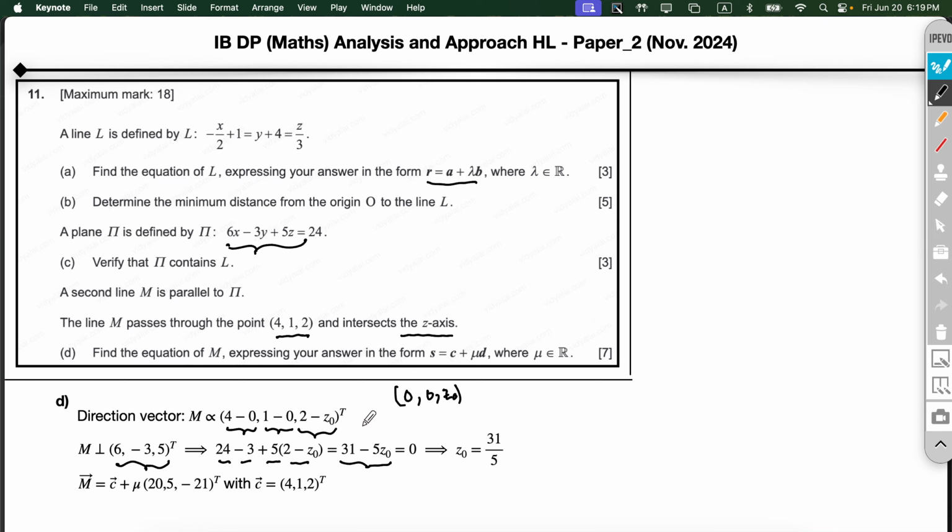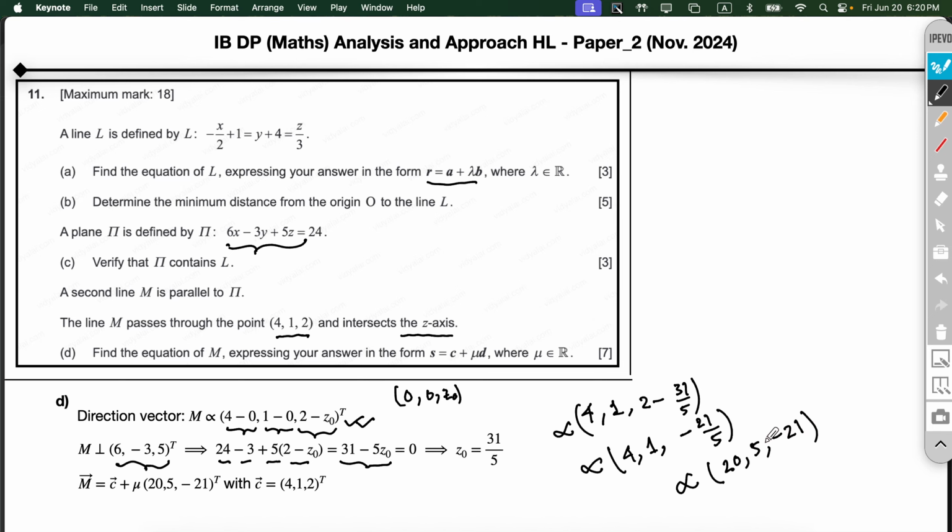So we did mention that the direction of M is proportional to this vector: 4, 1, 2 minus 31 by 5, which is proportional to 4, 1, negative 21 by 5, which is proportional to 20, 5, negative 21. So that's how we get this vector 20, 5, negative 21. And since it goes through this point 4, 1, 2, then we can just write it as C plus mu times D.